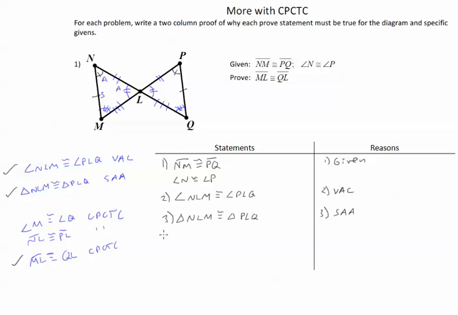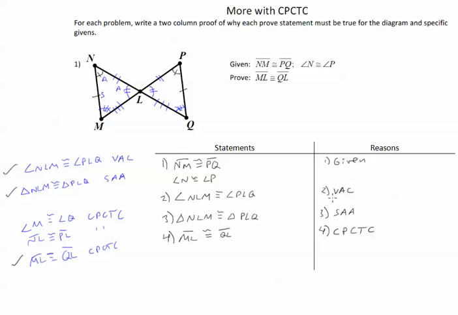Once I know those two triangles are congruent, I could say that corresponding parts of those triangles are also congruent. Or segment ML, which is what I'm trying to prove, is congruent to, I forgot my line over there, segment QL. Clean this up over here really quick. Segment QL. And we know that because of CPCTC.